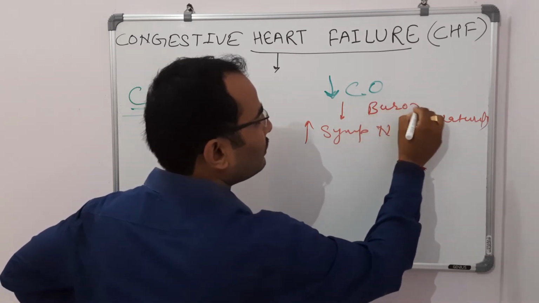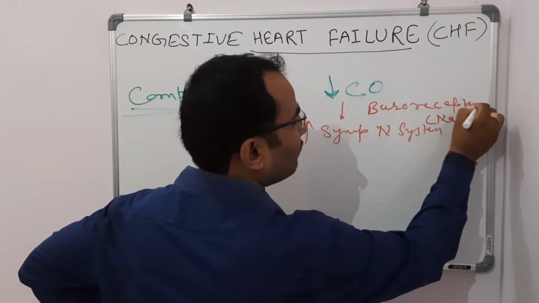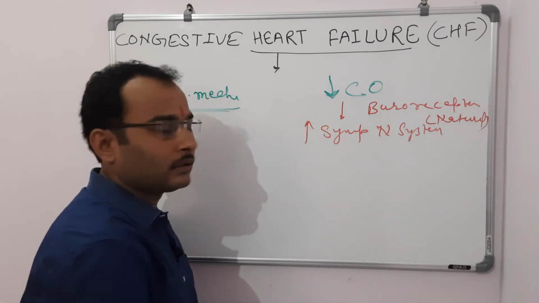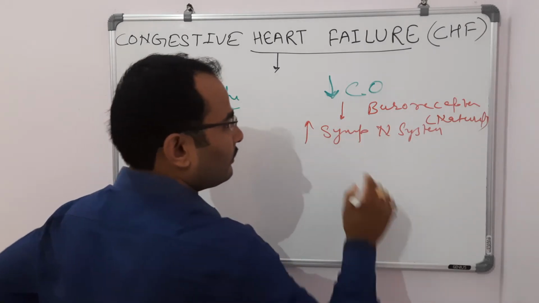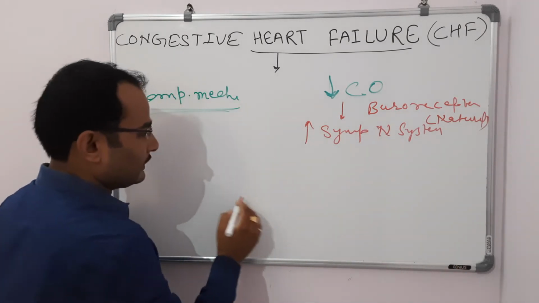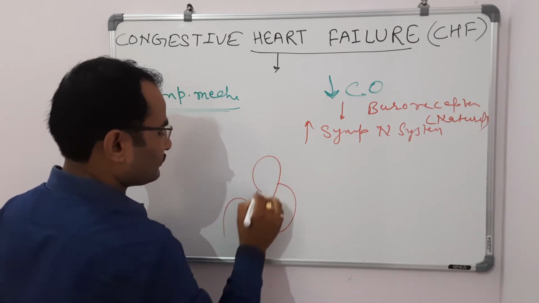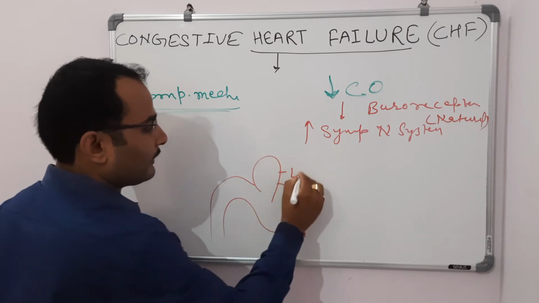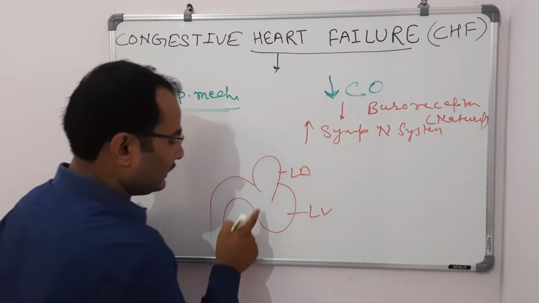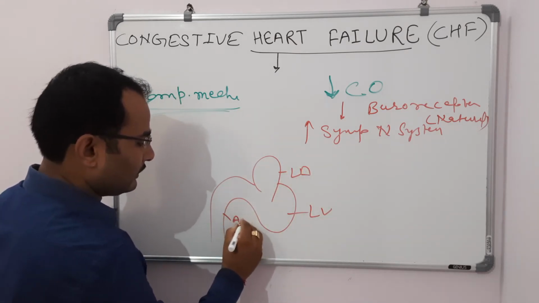baroreceptors present on the carotid arch. कैरोटिड आर्क ये भी क्लियर कर देते हैं, कुछ बच्चों को डाउट होगा इसमें। This is the left atrium, this is the left ventricle, this is the aorta.